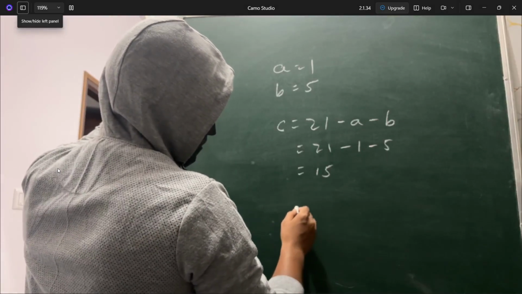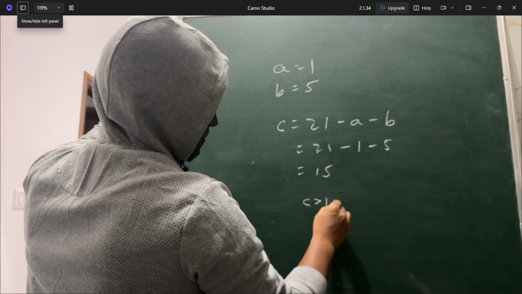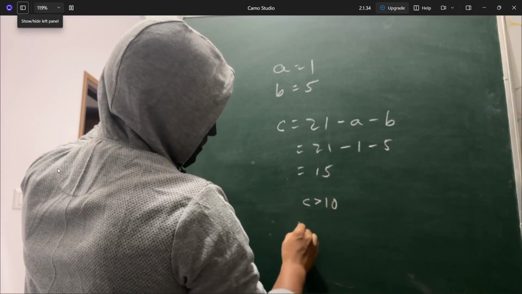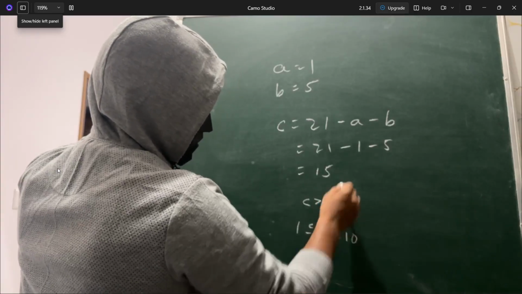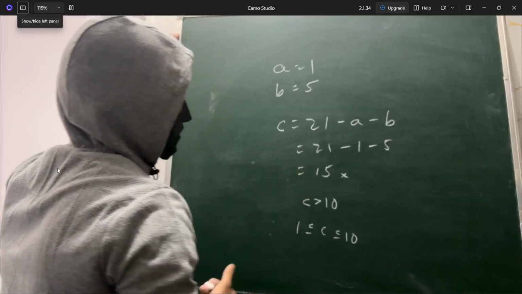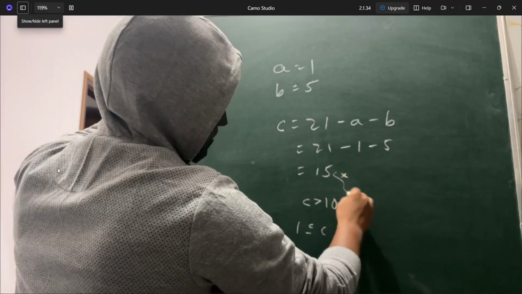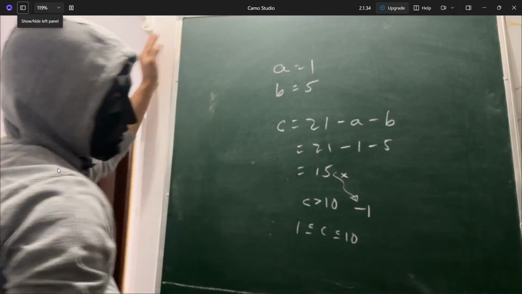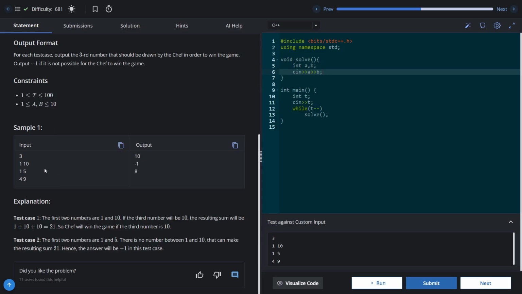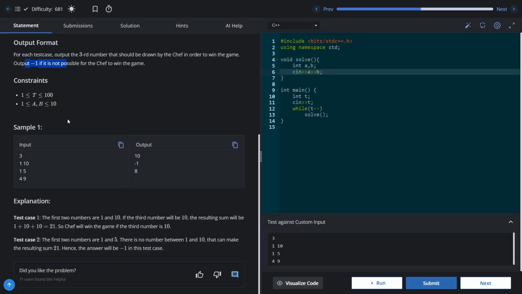C value is greater than 10. C value is 15, so in this case it is not possible for Chef to win the game. Since it is not possible, you'll have to not display 15. You'll have to display -1 as asked in the question. If Chef will not be able to win, then you'll have to return -1.